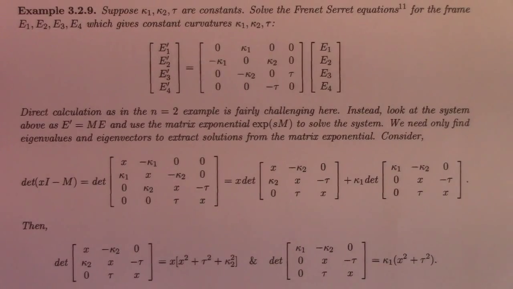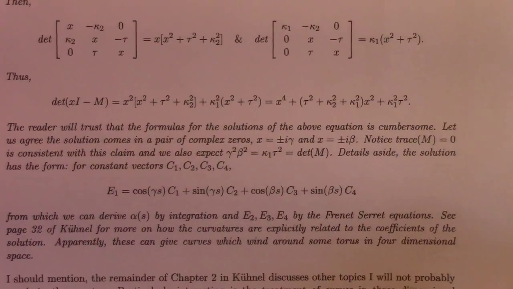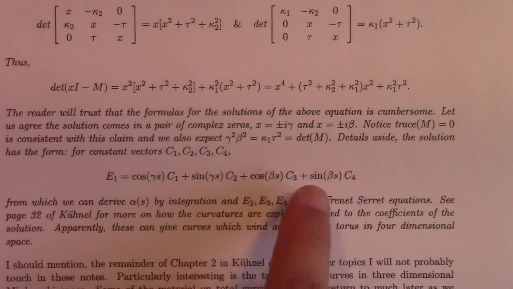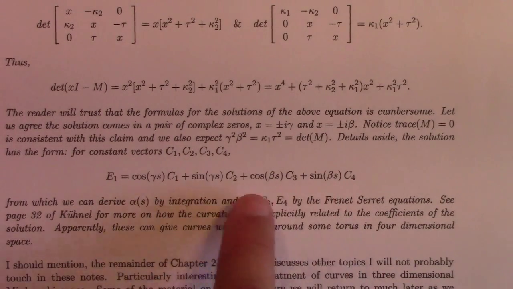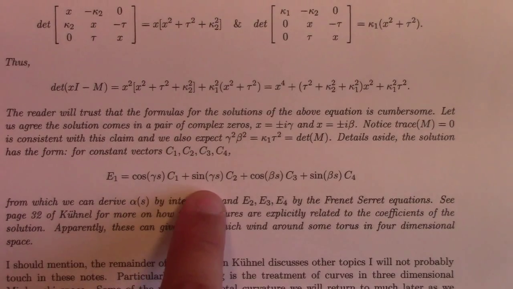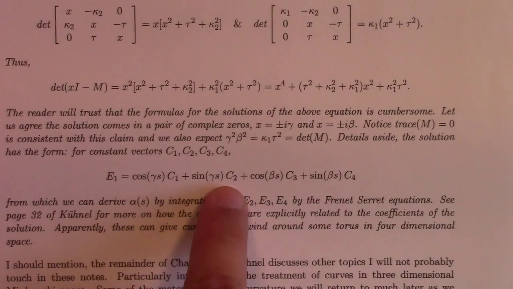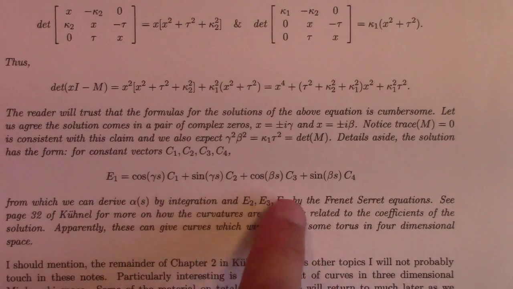Anyway, generally speaking, oops, I'm out of frame. Sorry about that. I was just saying we get a pair of complex zeros, and eventually you get to some solution like this: cosine gamma s, sine gamma s, cosine beta s, sine beta s. These are 4-dimensional vectors of constants.